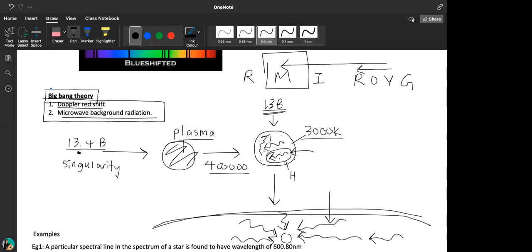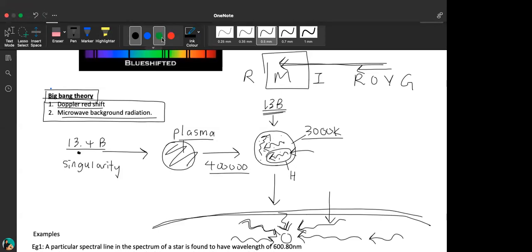That means right now, we will be able to detect all this microwave that came from that long ago. And it wasn't microwave to begin with. It was light, but then it got stretched out because of the Doppler effect.